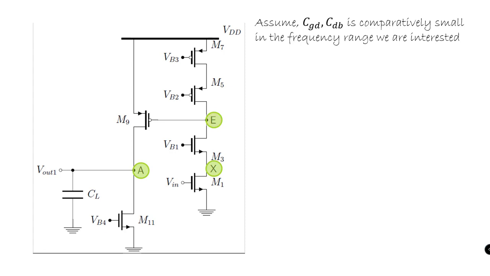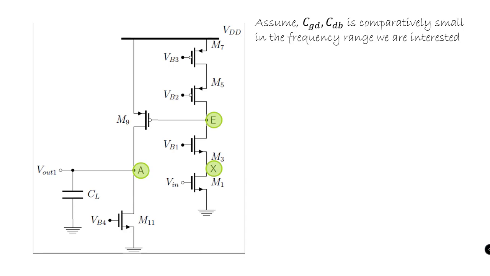Similarly, the pole at node E is evaluated once the node capacitance and the resistance are known, and it has been written down here. So again, one can write the pole at node E as something like this. Similarly, for the pole at node A, the corresponding node capacitance and node resistance are shown here, and based on that, one can write the pole at node A as 1 by RA times CA.